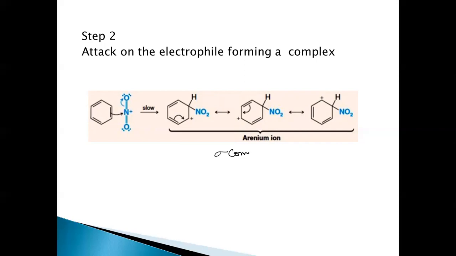So this is a sigma complex which is being formed, the carbocation intermediate. We can see the resonance stabilization of this carbocation intermediate, and we can show the resonance hybrid of this also.